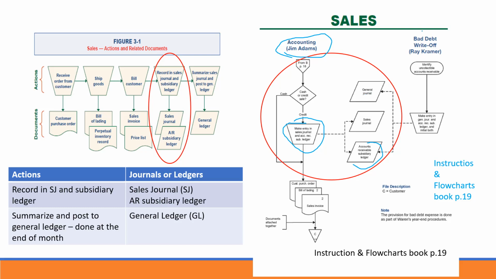The general journal is involved in the bad debt expense write-off cycle here. You see the dotted line here. So this line only goes to this information. The sales transaction information only goes to the sales journal and accounts receivable subledger.